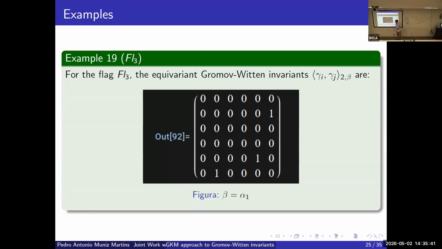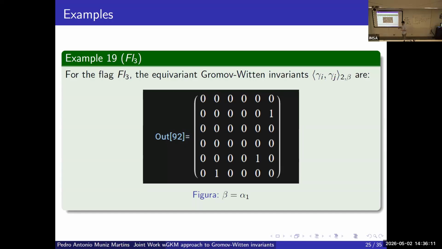This is not the quantum multiplication. It's just the Gromov-Witten invariants. Most of them you can just read, just read the letters. So the first entry is the Gromov-Witten invariant of the two classes of the identity, the 2-point Gromov-Witten invariant. So the IJ entry is the 2-point Gromov-Witten invariant of the classes gamma I, gamma J, for the choice of beta alpha 1.